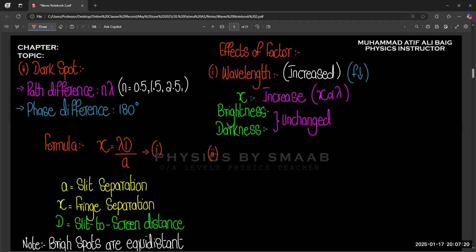Second factor is about slit to screen distance. Slit to screen distance increased. So when slit to screen distance increases, again from the formula we can easily identify x is directly proportional to d also.